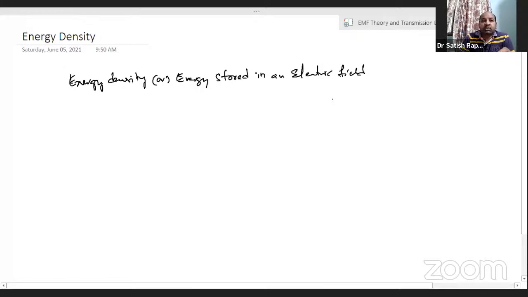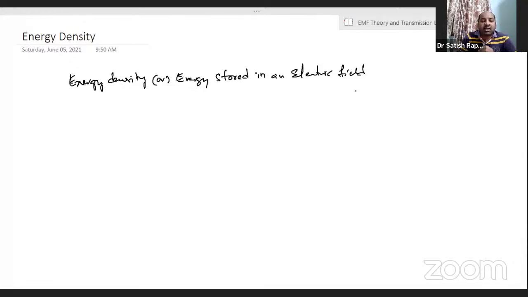And as we know, what is the importance of an EM wave? An EM wave carries information from one point to another point in the form of energy. So therefore, how much energy does the electric field store? An EM wave is a combination of electric field and magnetic field.